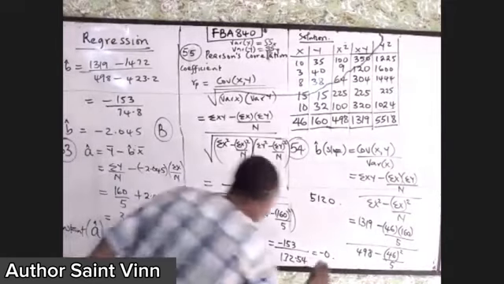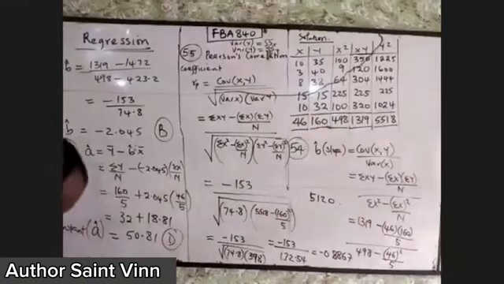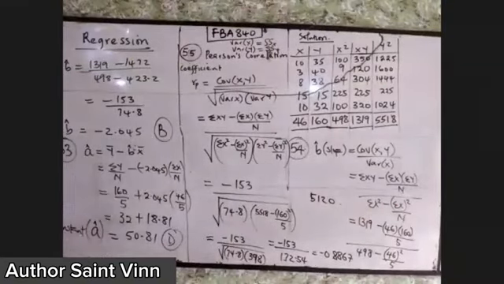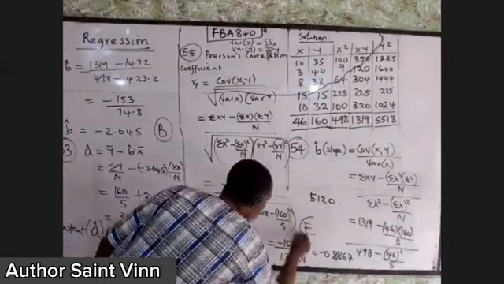That is 8867, that minus the power. Okay, it's B. Okay, E minus 0.8867. So the answer here is what? E.